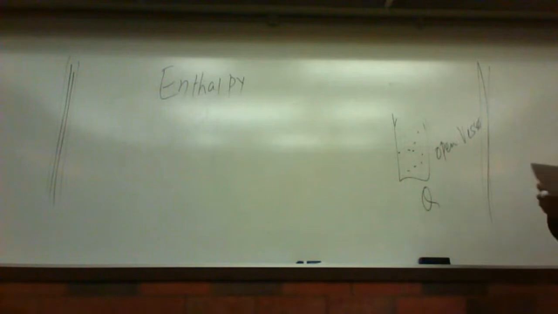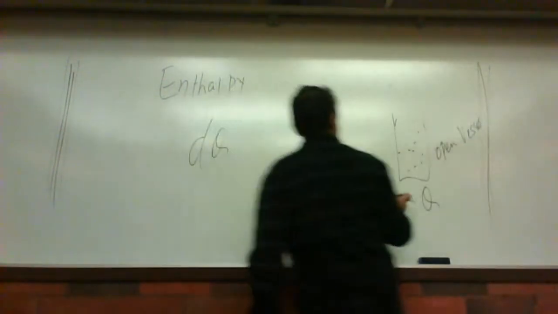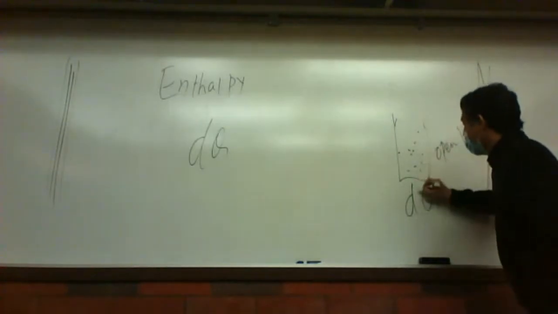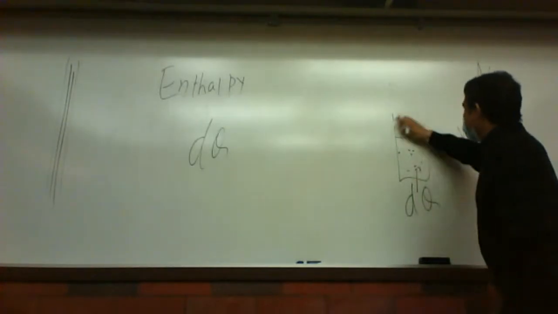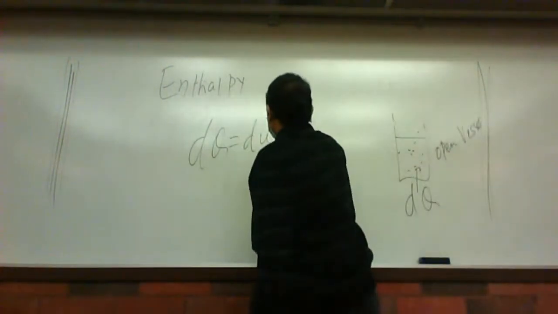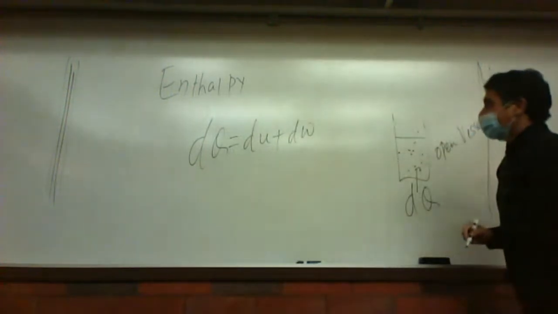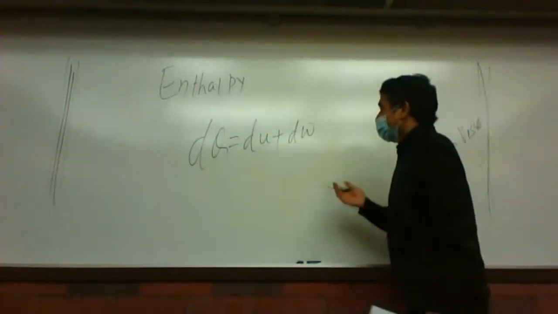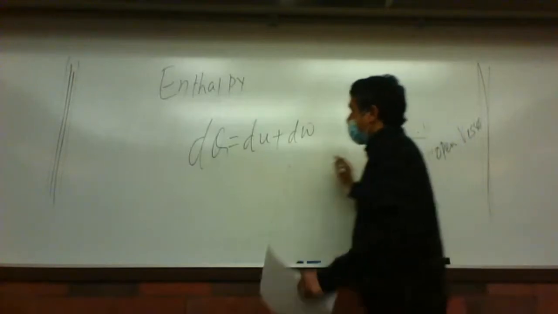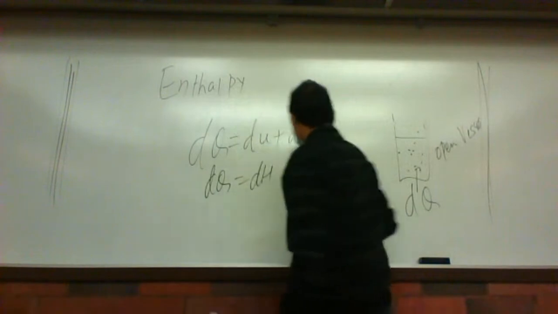So here is a definition. Let's say you do some reaction, and the heat is observed as dq. If you are heating this one, or heat is produced here, that is dq, and there is dU plus dW. This is our first law of thermodynamics, right? Now, what I told you, if you are doing this reaction in an open vessel, dq is called dH.